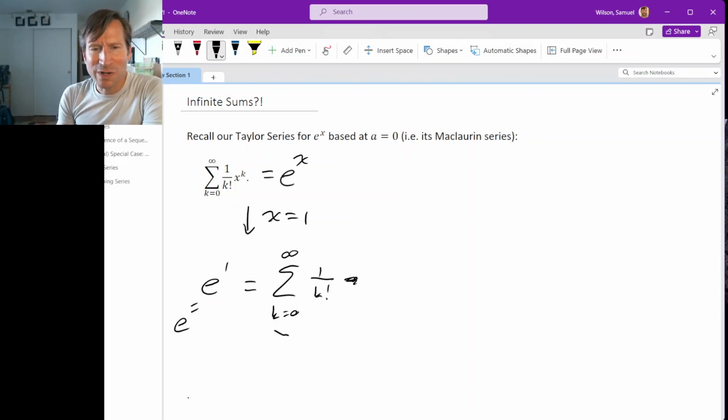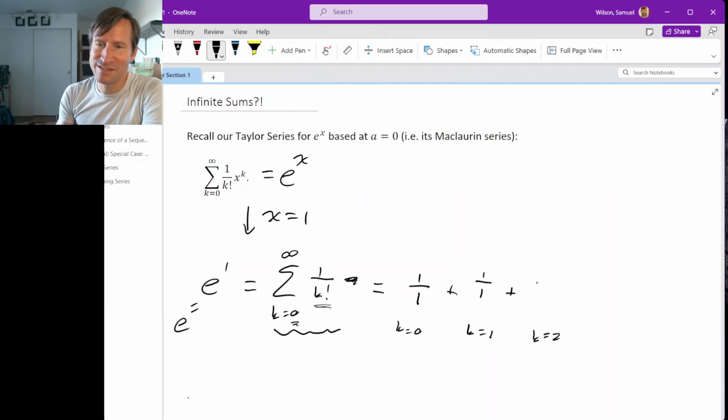But remember that this is an abbreviation for a sum where every term looks like this, for various values of k. So the k equals 0 term is 1 over 0 factorial, which is 1. Then the k equals 1 term is 1 over 1 factorial, which is also 1. And then the k equals 2 term is 1 over 2 factorial, and so on.